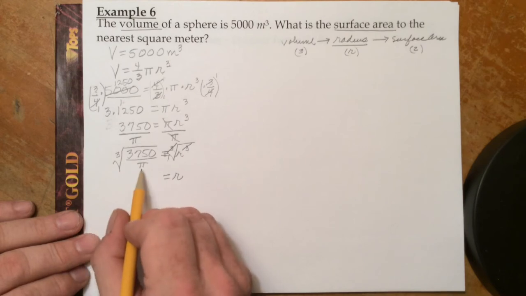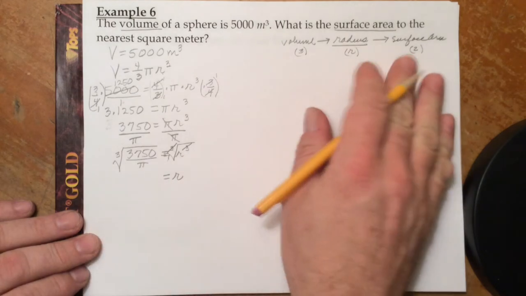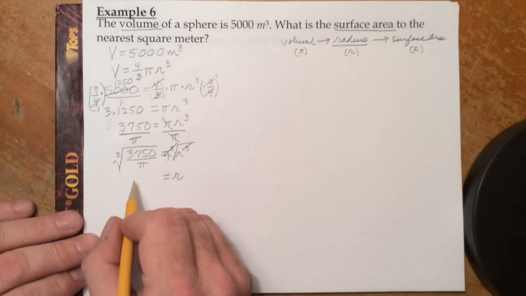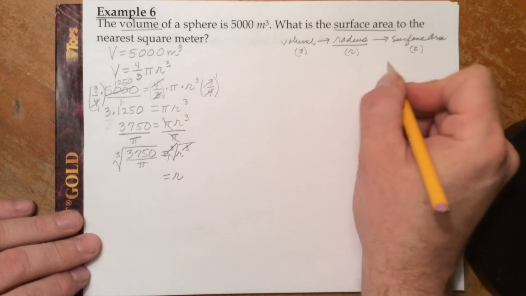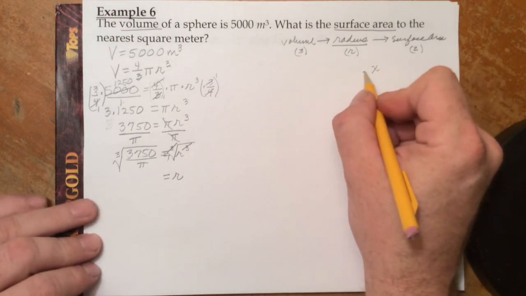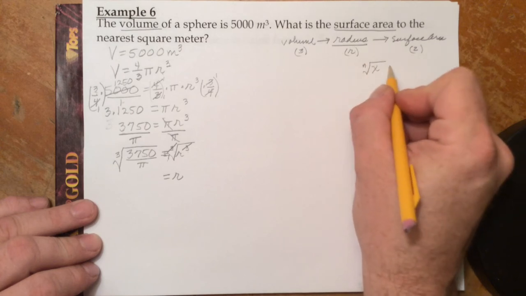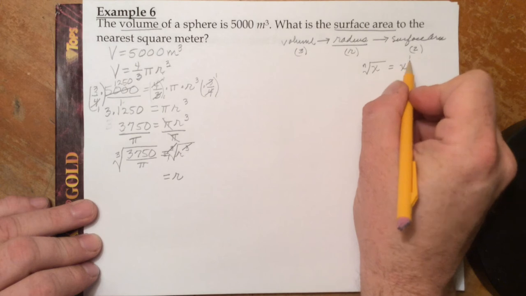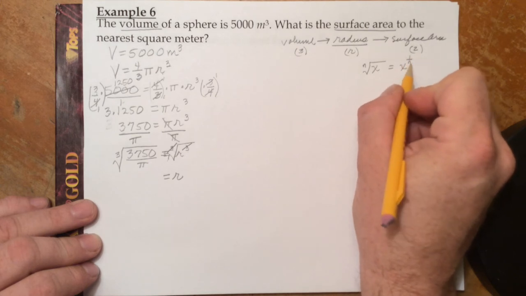Now, we need to keep this as exact as possible when we go to find our surface area. I'm going to change this to exponential form. If you have a number that you're taking the root of, it's the same as taking that number to 1 over that root.